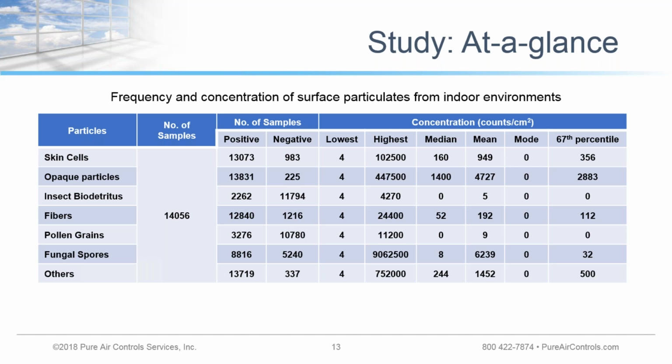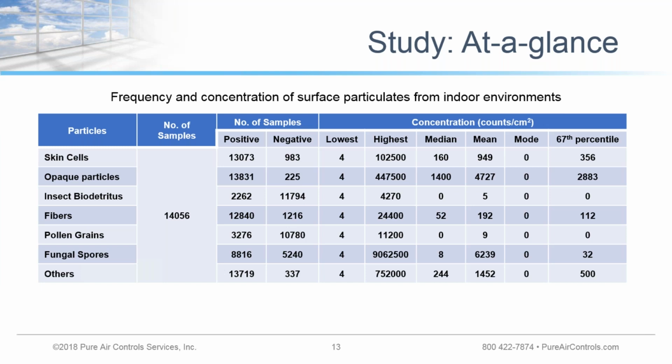Mean is about 4,727, and the 67th percentile is indicating 2,883. What it means is that more than 60% of buildings are going to have a little over 2,800, to be accurate 2,883, particles of the opaque nature.